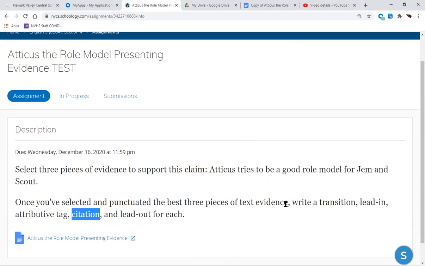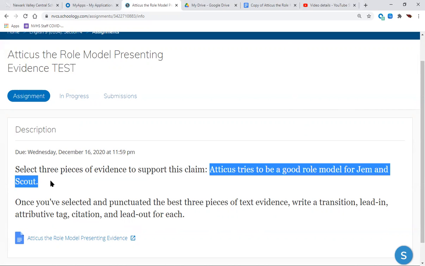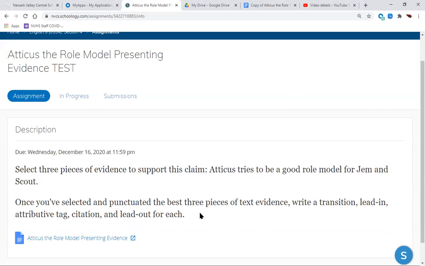The text evidence has to be punctuated appropriately. You have to lead out or explain how or why that piece of text evidence, or each piece of text evidence, supports the idea that Atticus tries to be a good role model for Gem and Scout. And you got to use those terms well. This is a test. You got this, though.